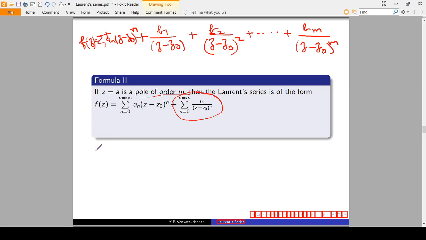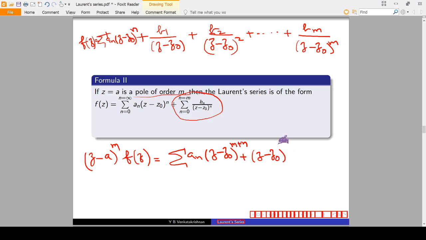Now what I do is I multiply z minus a whole power m with f of z. This will have summation an z minus z0 whole power m plus n, plus z minus z0 whole power m into b1 plus so on. The last term would be bm. I want to calculate b1.